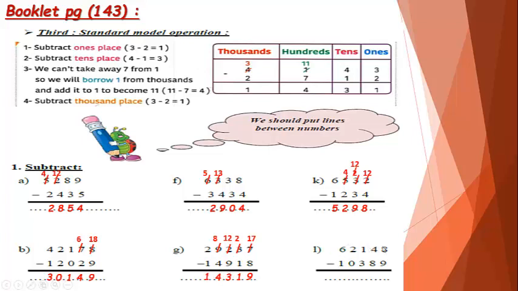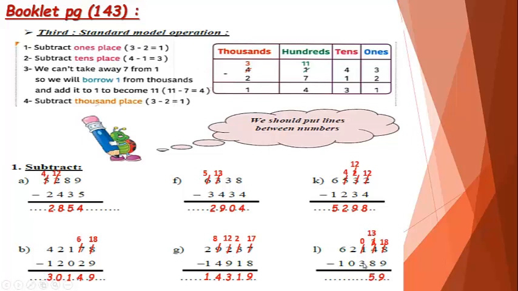The last one, 8 minus 9, it cannot be. So I'm going to borrow 1 from the 4, it will be 3. And this 8 is going to be 18. 18 minus 9 equals 9. 3 minus 8, can it be? Of course not. I cannot take 8 from 3. So I'm going to borrow 1 from the 1, it will be 0. And this 3 is going to be 13. 13 minus 8 equals 5. And 0 minus 3, of course, it can't be.